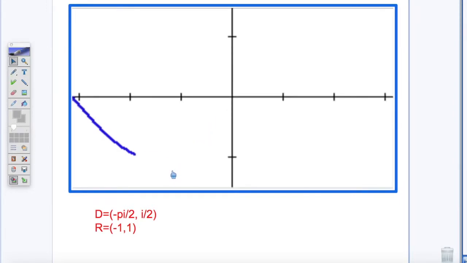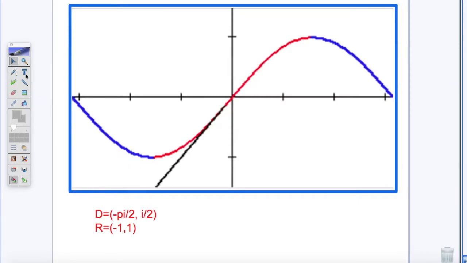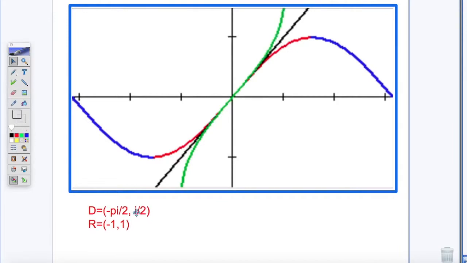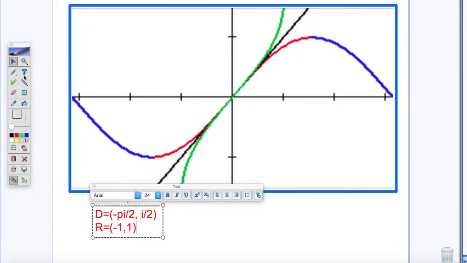So let's look at an animation. First we're going to draw the whole sine wave so that you can see what a sine wave looks like. Then in red, we are going to have the restricted domain, which is negative pi over 2 to pi over 2. I've got a typo down here. That should be pi over 2. I'll fix that real quick while this is drawing.